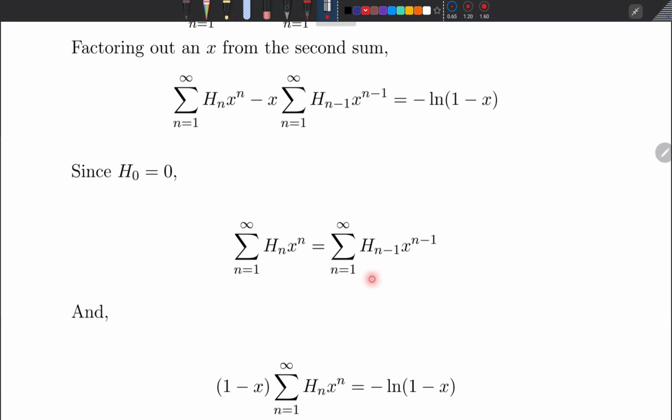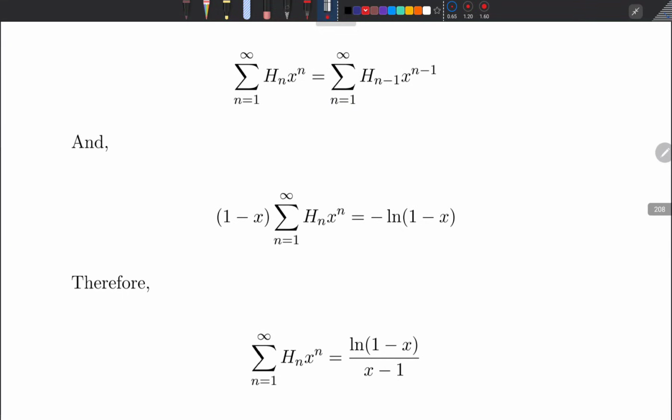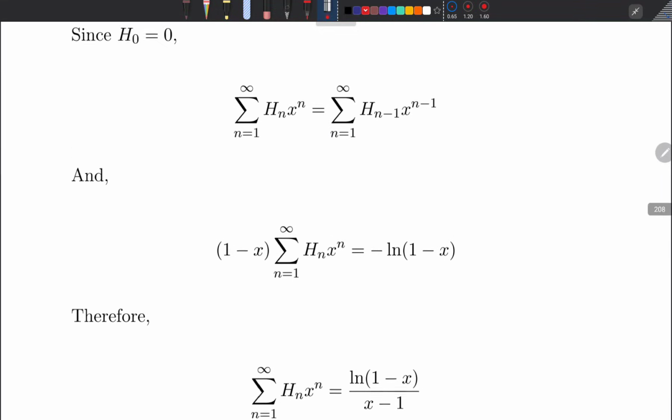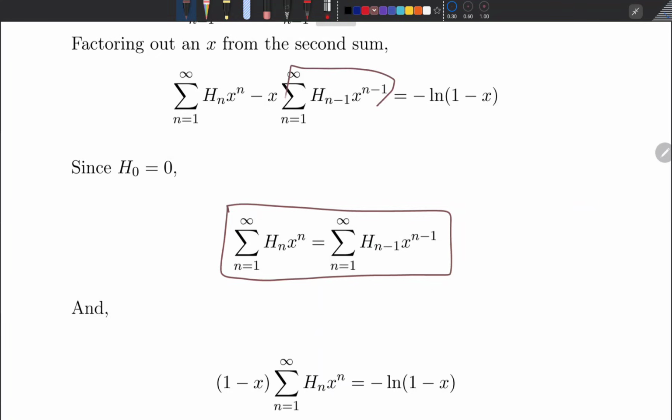That's why this part is justifiable. And from here, because this part is right, we can just replace this part with this part.